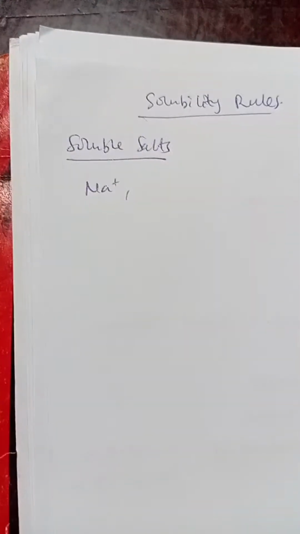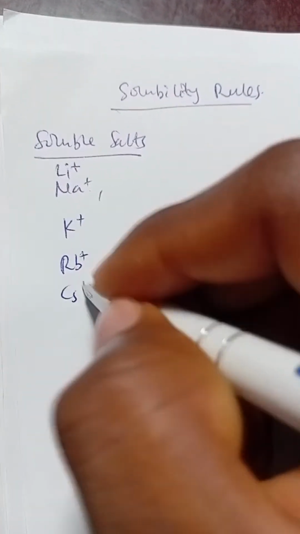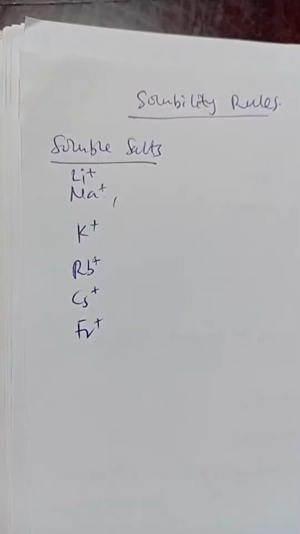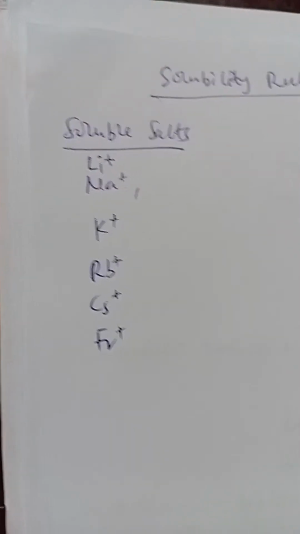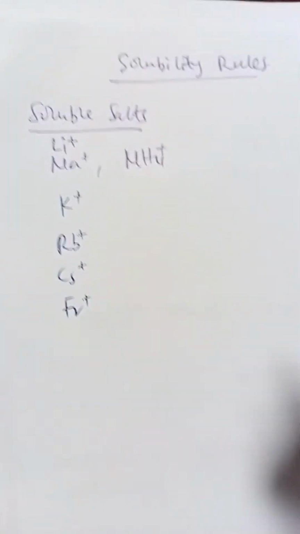So something like lithium, Li+, sodium, Na+, potassium is also there. These are the group 1 metal ions. They form soluble salts. We also have to know that NH4+ also forms soluble salts.